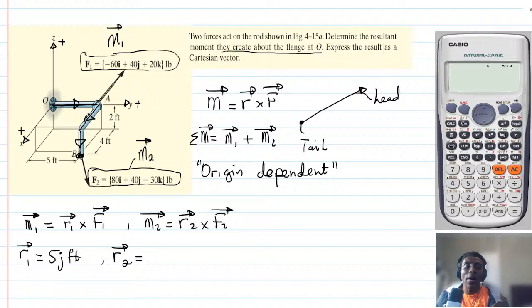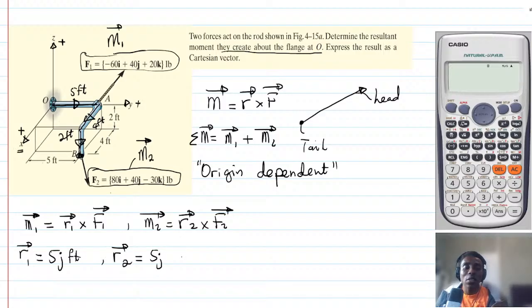If I walk like this, this is 5 feet. In this direction, this is 4, and finally that is 2 feet. Walking along the horizontal is 5j. Walking along the pipe in this direction is plus 4i, because I'm along the x-axis.